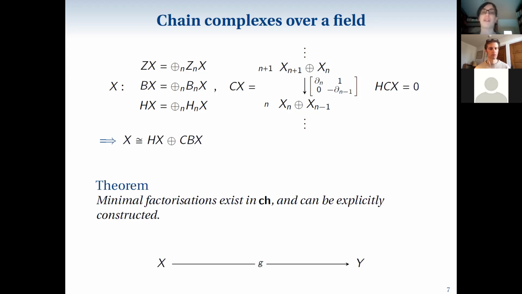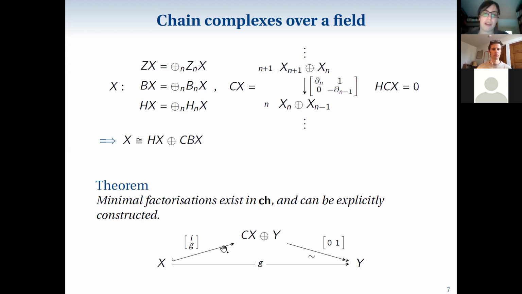So actually, the minimal factorization exists, and we can construct it explicitly. So let's see what is the reasoning behind the construction of it. Okay. So the first idea is to say, okay, let's play safe. Let's start with a factorization in which I'm taking X, I'm including it into the cone, so in each degree, simply.